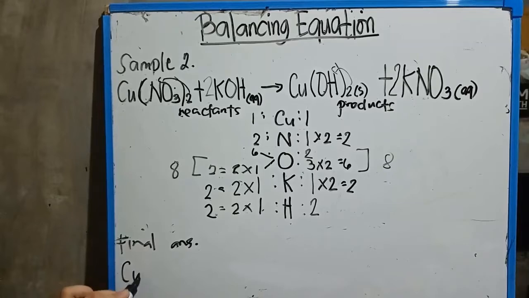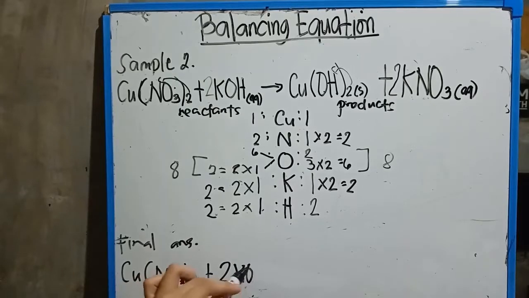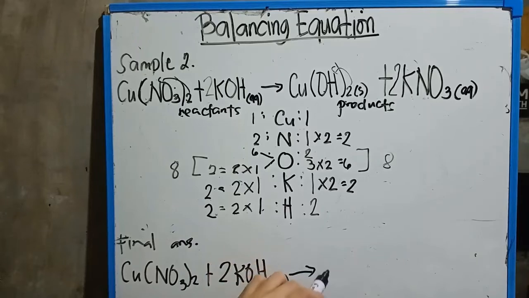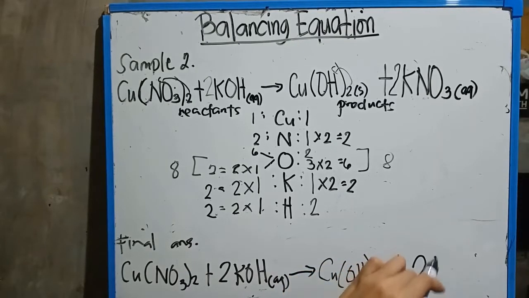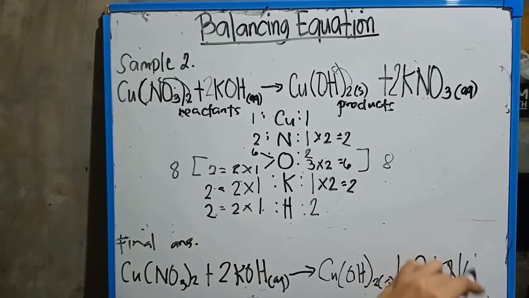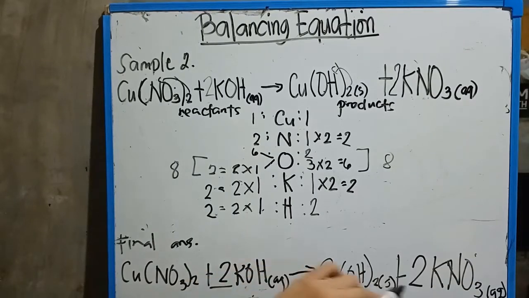So, Cu(NO3)2 plus 2KOH, which is aqueous, reacts with Cu(OH)2, which is solid form, plus 2KNO3, which is aqueous also. So this is now our final answer.